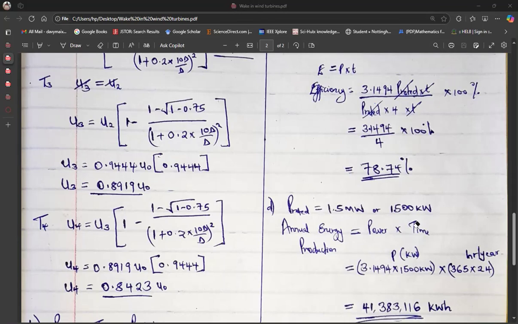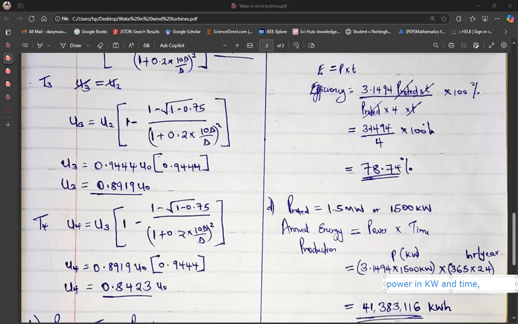Now we know that energy is equal to power times time. In this case, I decided to use the power in kilowatts and time in hours.